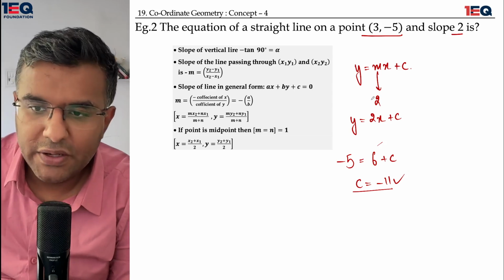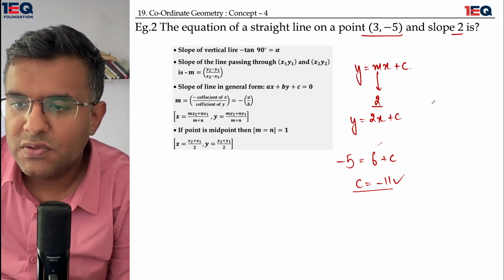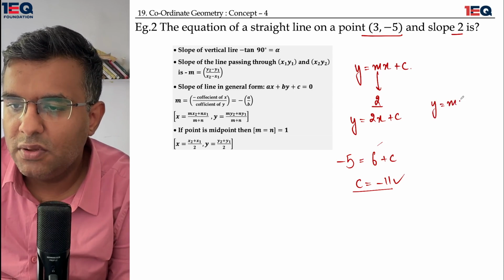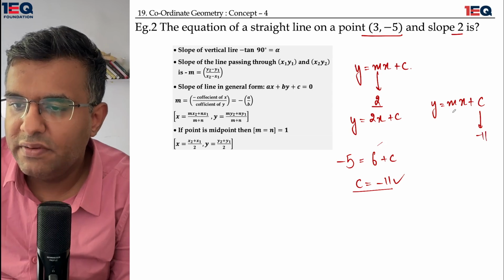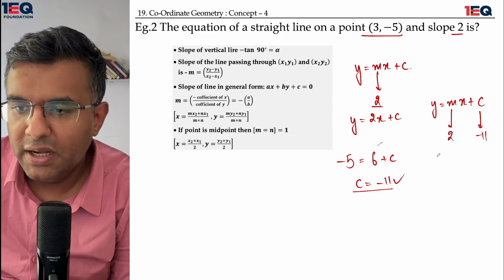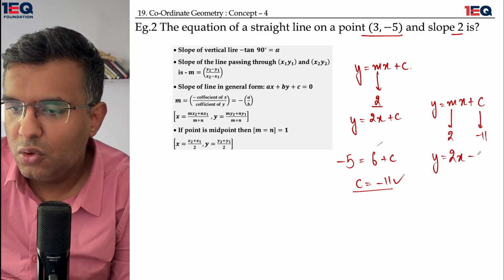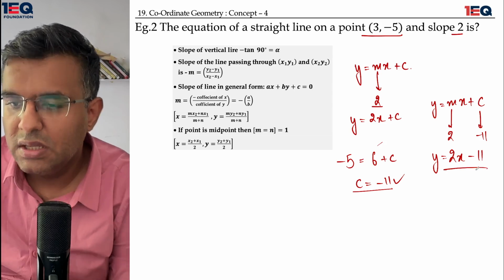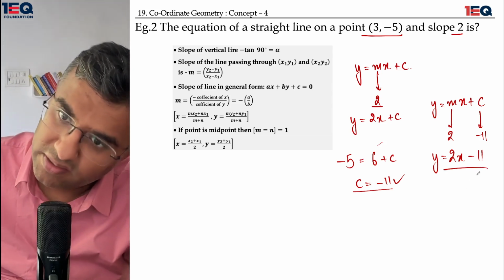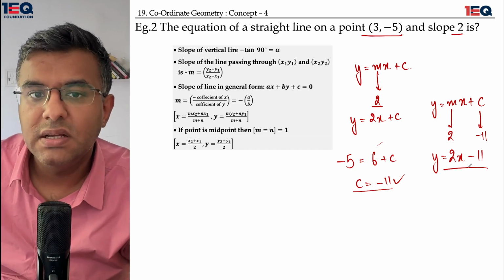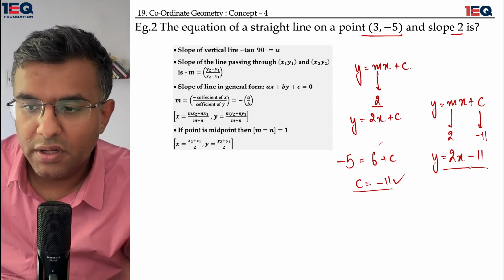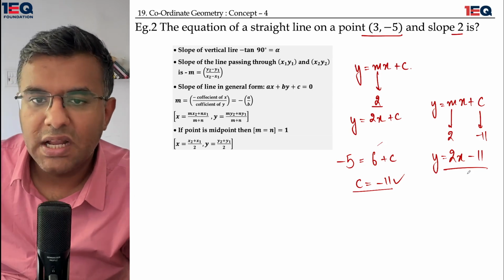I found out the value of c. I already have the value of m. So in the formula y is equal to mx plus c, I can say that c is equal to minus 11 and m is equal to simply 2. So the value of y is equal to 2x minus 11. Got it? So this is the equation that I was looking for.